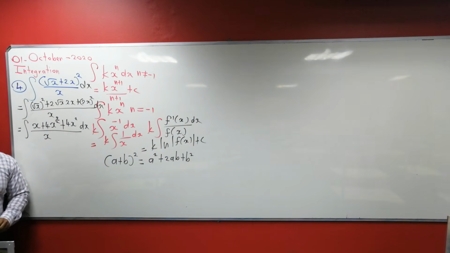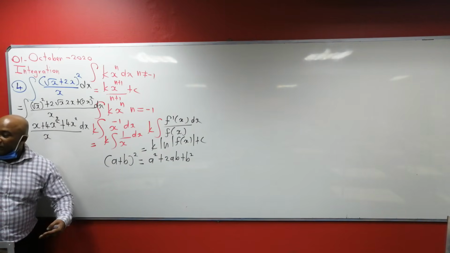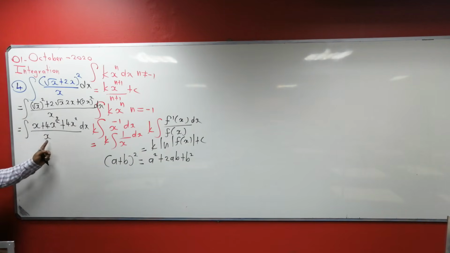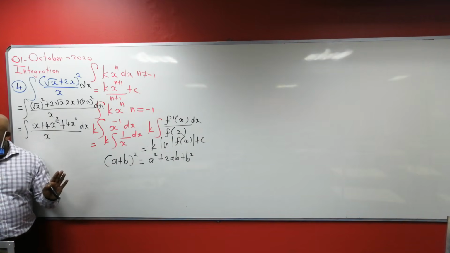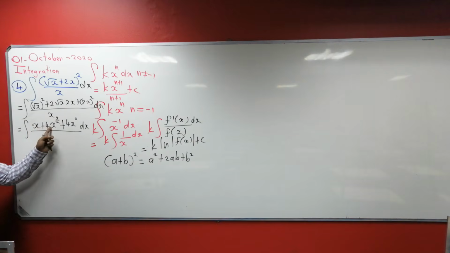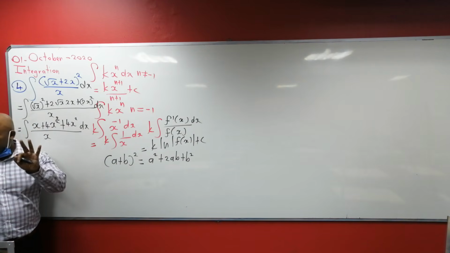Alright, so now, although we squared it, there is still no formula to integrate as it stands there. We have to simplify further. We have a common denominator there of x. We can split this up into, let's count how many, 1, 2, 3 fractions.